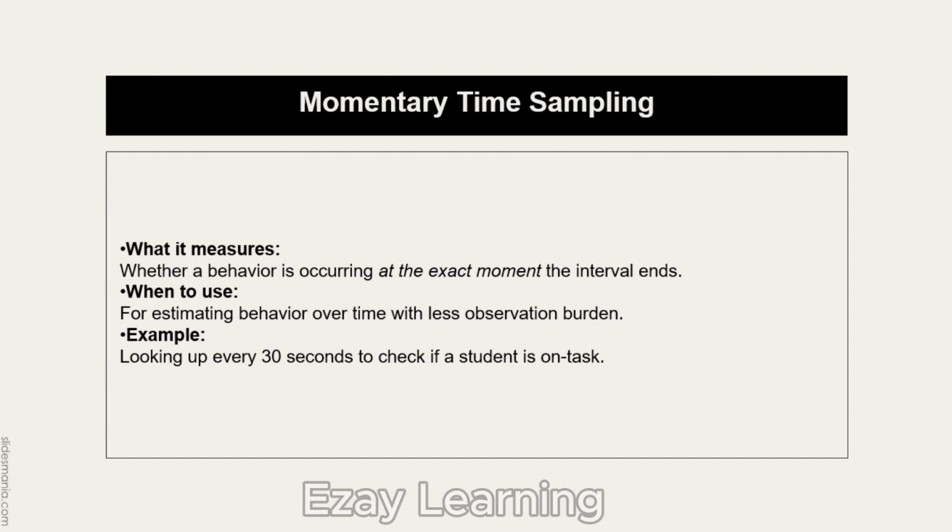But for momentary time sampling, if the behavior is occurring at the very end, you will mark it as yes. So if your interval is 30 seconds, you don't have to look for the whole 30 seconds. You will look up at the very end to check if the student is doing the task or not, and that will be your momentary time sampling.